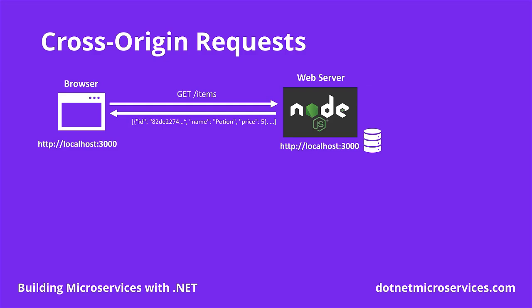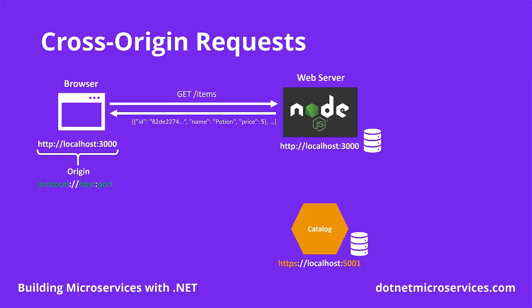The address from which the browser calls the REST API is known as the origin, and is made of the combination of protocol, host, and port, which in this case is http://localhost:3000. Notice how the origin in the browser matches exactly the origin of the server that provides the REST API. Let's now go back to our actual scenario, where our catalog microservice hosted in ASP.NET Core's Kestrel web server is the one providing the REST API.